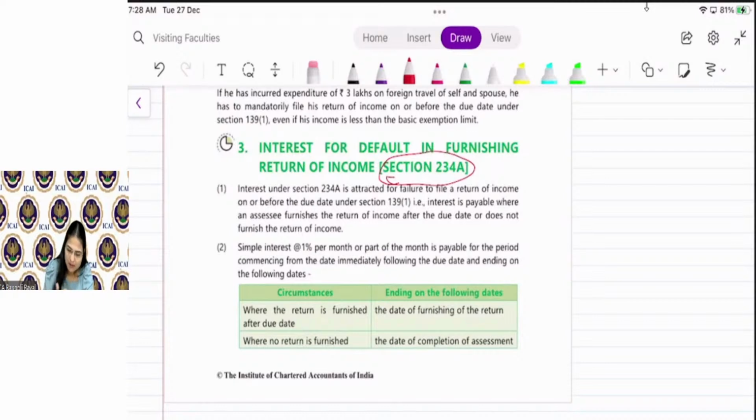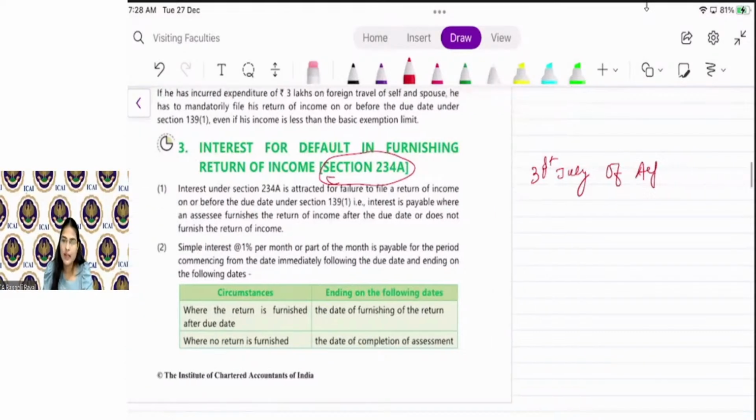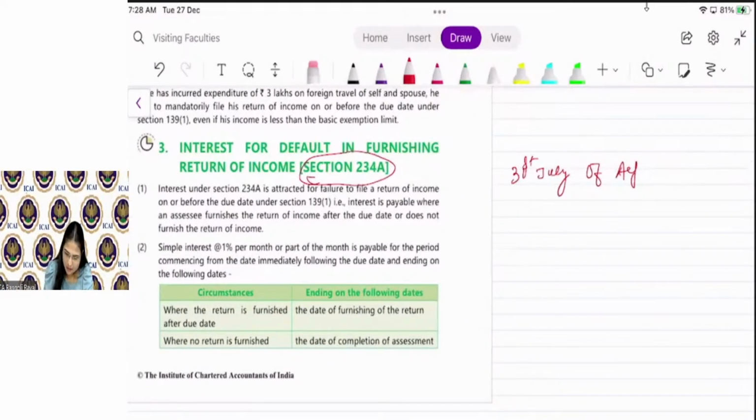Say for example, my due date is 31st July of the assessment year, and I am filing my return of income on 30th September of the assessment year. So the due date is 31st July, but I am filing on 30th September.